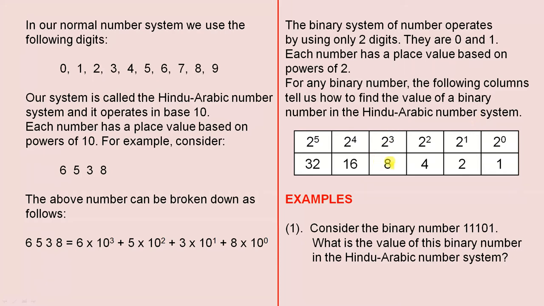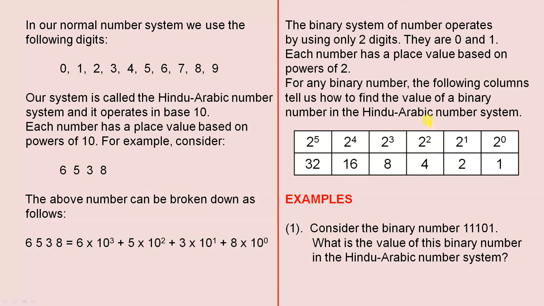So basically what we're saying is this, that with respect to a binary number, this first column on the extreme right is the ones column, because 2 to the 0 is 1. The next column, now in our normal Hindu-Arabic system, that's the tens column. But this one is 2 to the power of 1, which is the twos column.